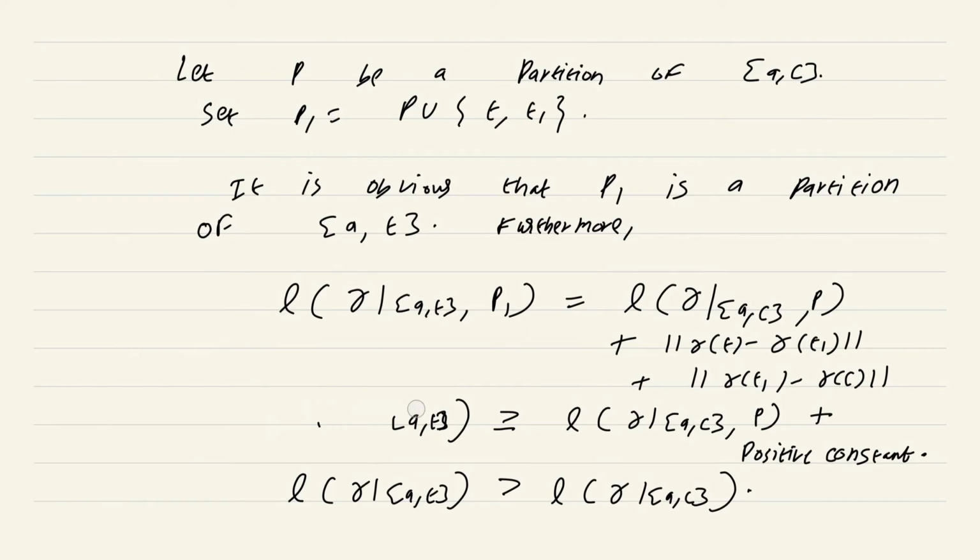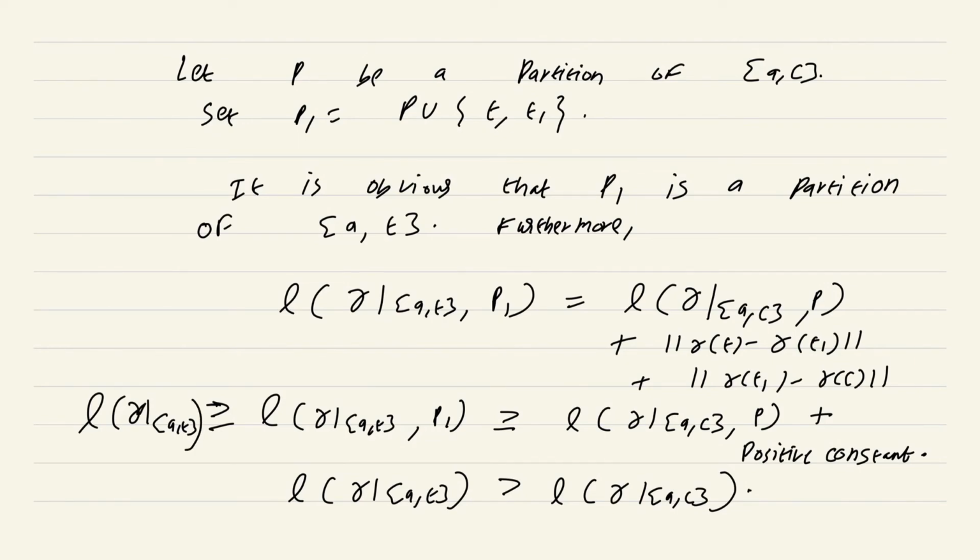The length of gamma on [a, t] with respect to P1 is greater than or equal to this, and this is perfect.